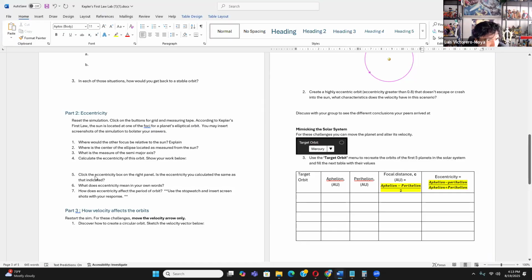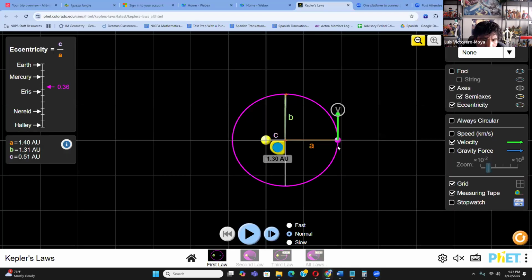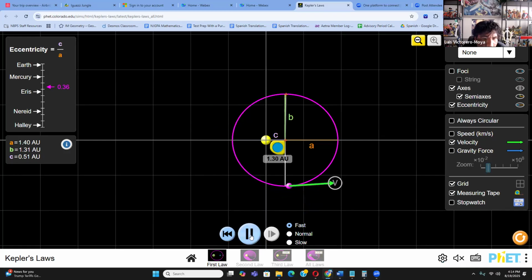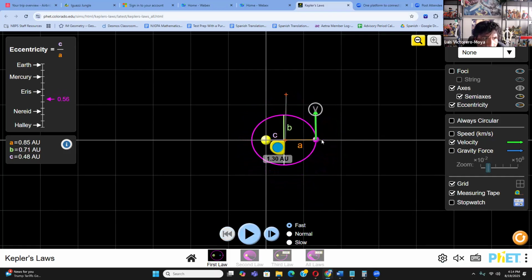So then you can click on the eccentricity like I showed you. What does eccentricity mean in your own words? I kind of already mentioned that. How does eccentricity affect the period of the orbit? For that, you have a 0.36, 0.35 eccentricity there, and then let's change this. Let's make it more eccentric, and you can even use a stopwatch to see how long it takes.